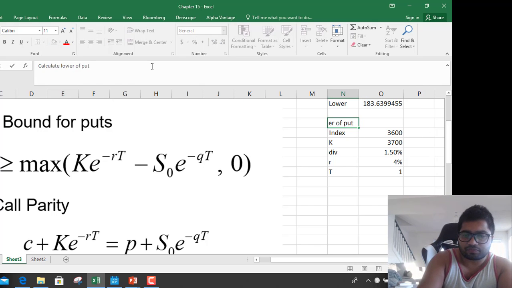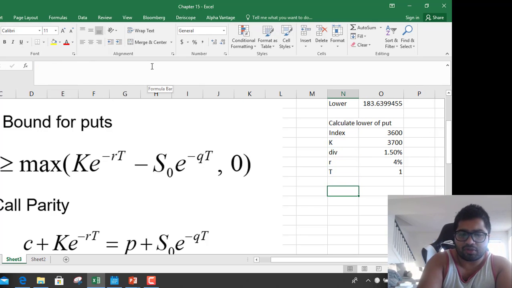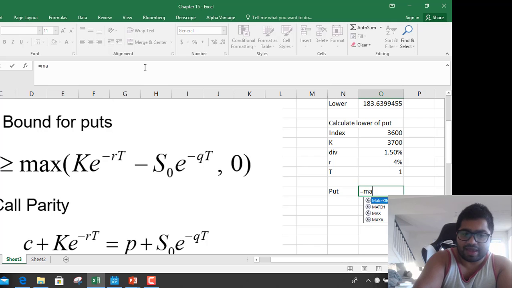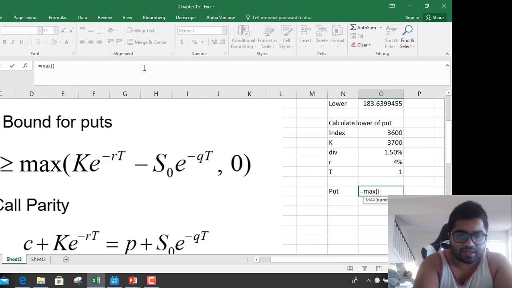So how to do it? We are doing it for the put now, so we'll put everything in the formula. Equals max. K is 3700, the exercise price is 3700, times exponential of negative risk-free rate 4% times 1, where time is 1.